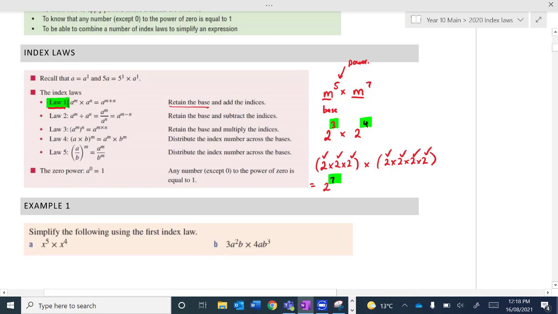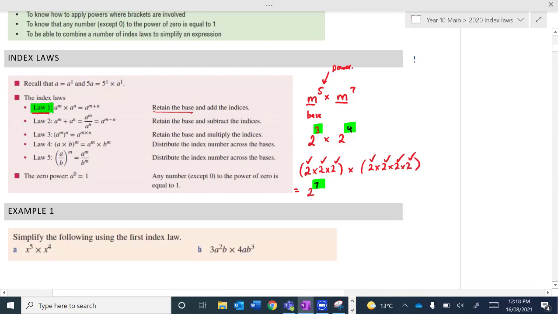Now, law 2: if indices are the same base, when we're dividing, then we're subtracting. Let me do another example. If I've got 5 to the power of 4 divided by 5 to the power of 2, we could write that in expanded form as 5 times 5 times 5 times 5, over 5 squared, which is 5 times 5.